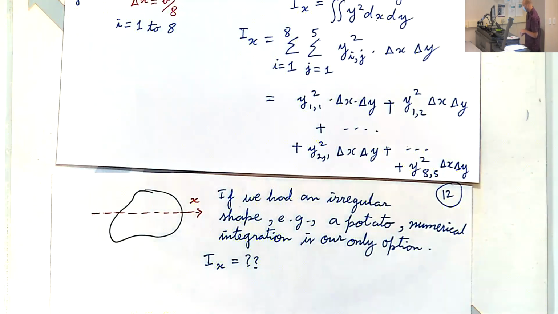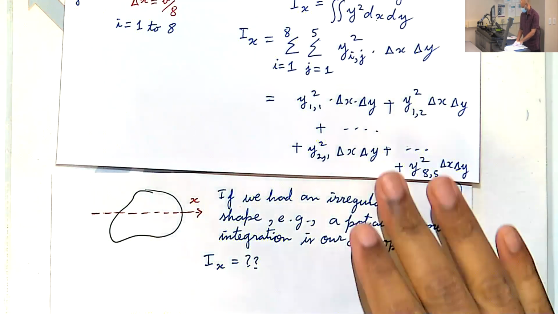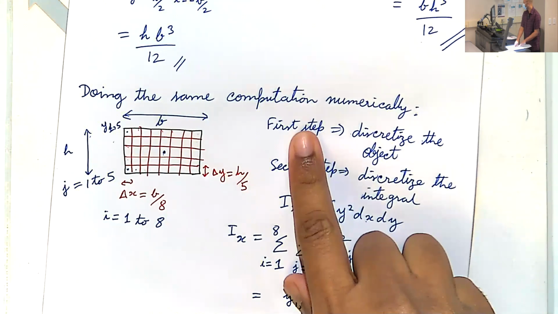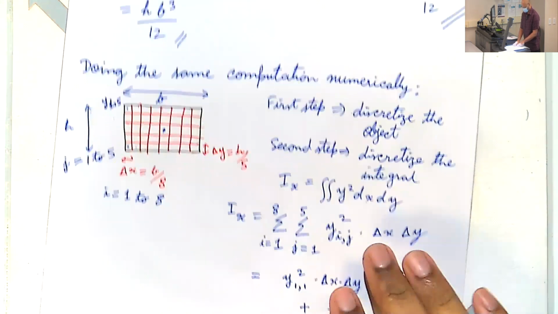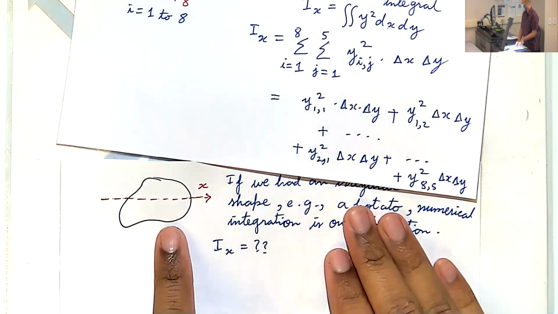What do you do? How would you start? What does this mean? Discretize the object.